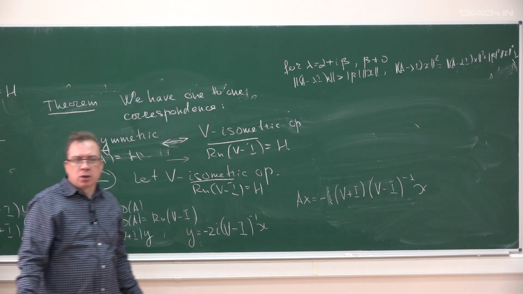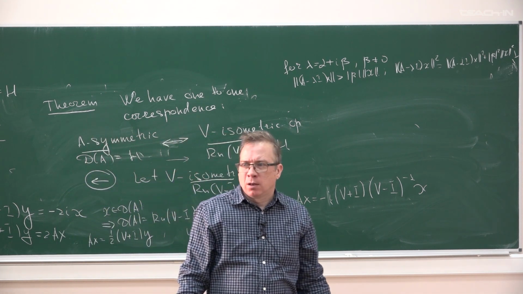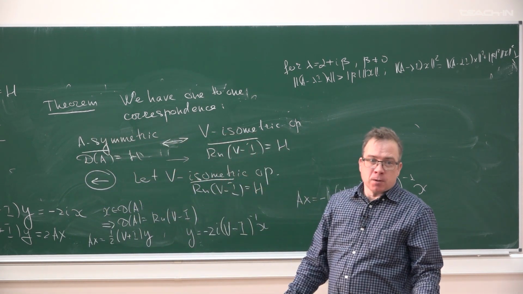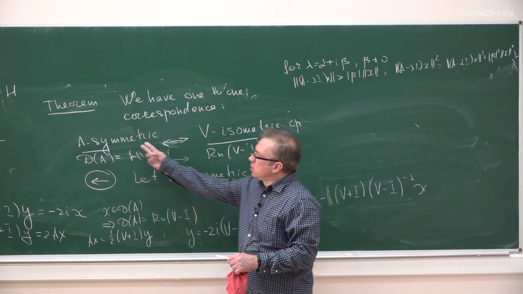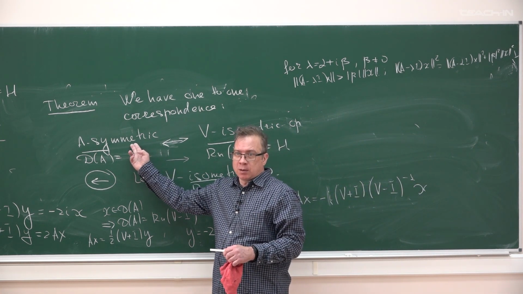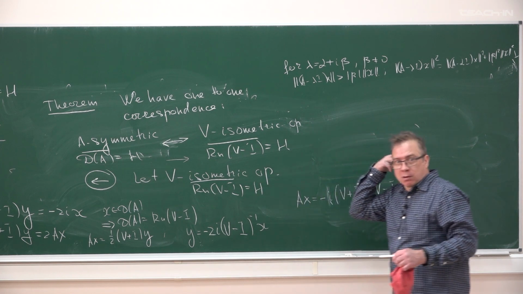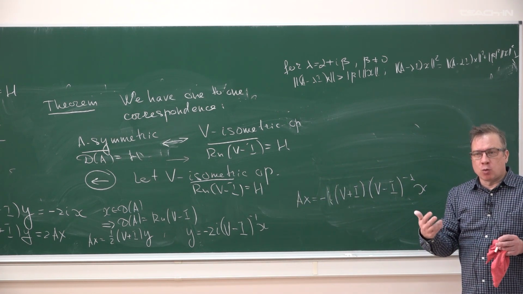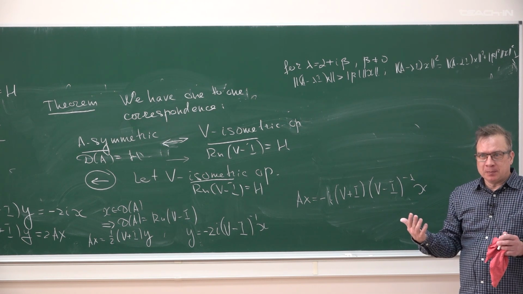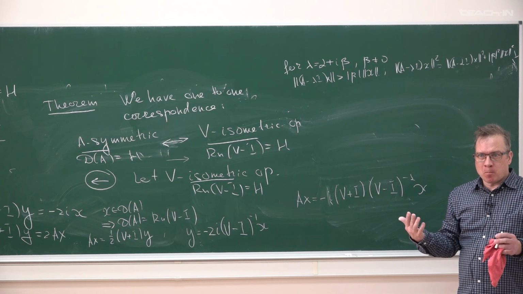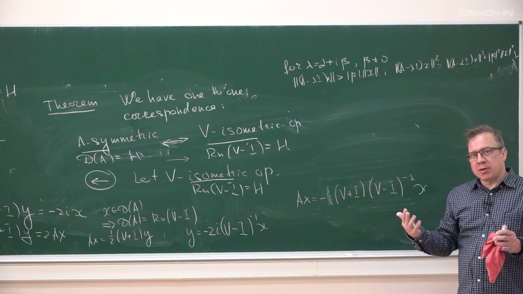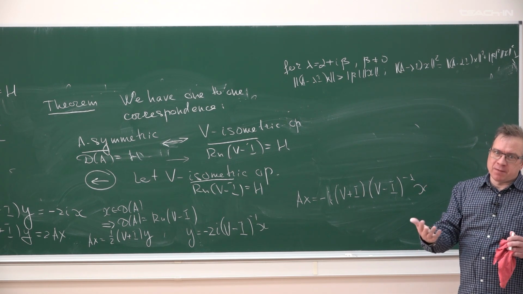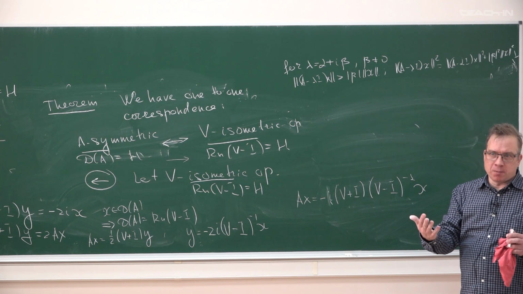But what do we need to show for operator A additionally? Yes, this property. So let's check that this is symmetric, and for symmetry of the operator, what is sufficient to do? Is it clear that the operator is symmetric if and only if the quadratic form is real valued?